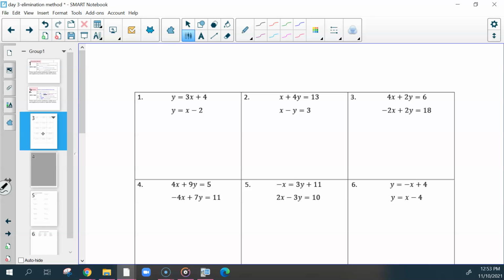So if everything lines up, then we can look and see which variables have the same coefficient, the number in front of the variable, x or y. Which one has the same coefficient?